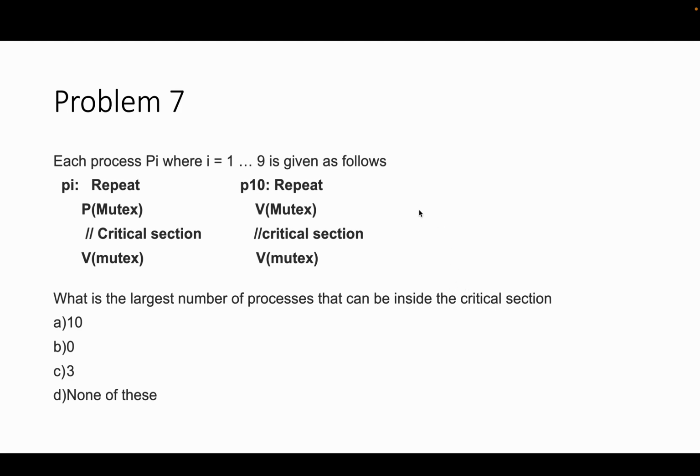So here, first of all, process P1 does this. Let's say the value of the mutex is initially 1, since the mutex can take only two values, 0 and 1, and then a down will make it 0.